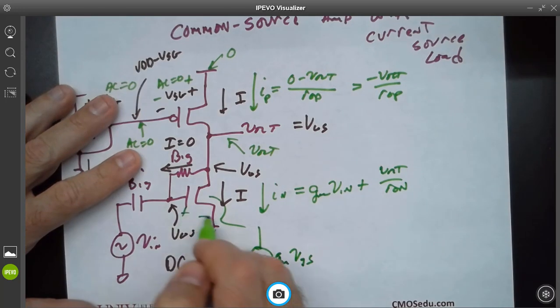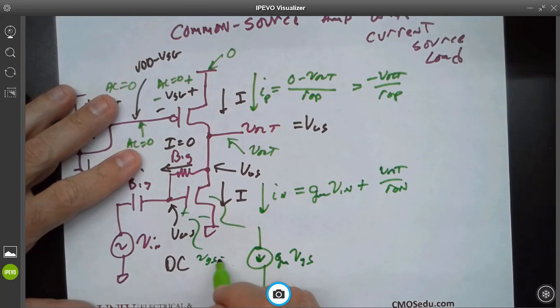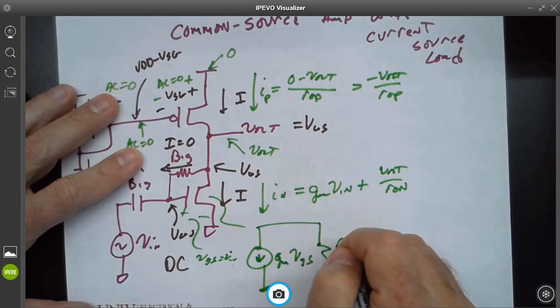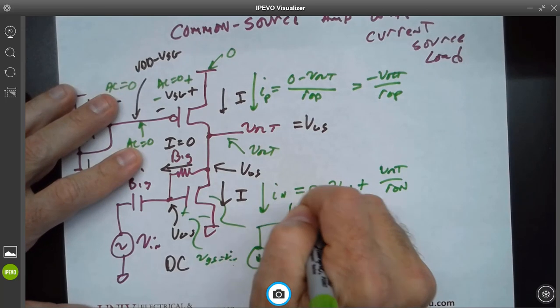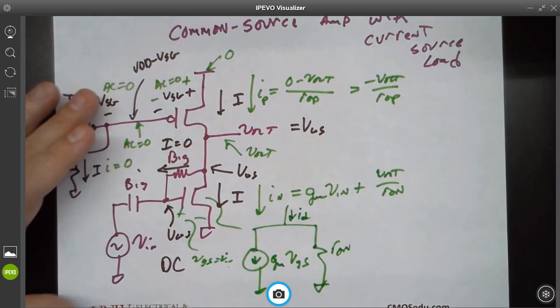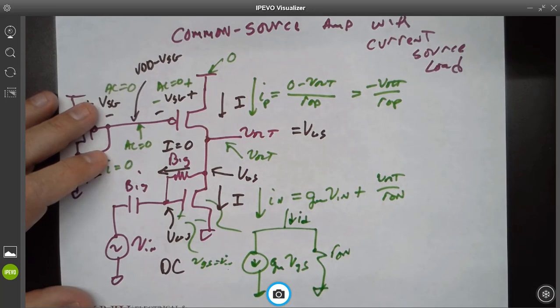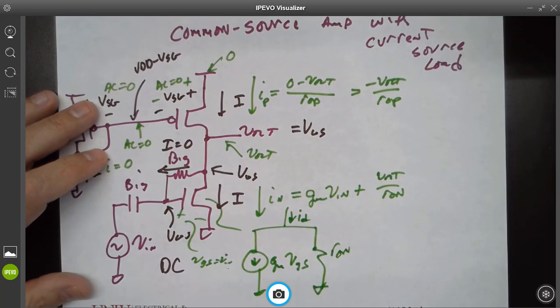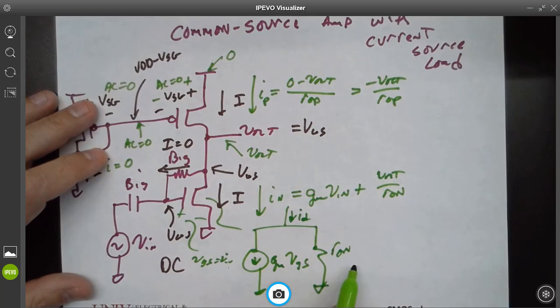And what's the VGS here equal to? And that's in parallel with Rout N, and that's the total ID that flows. Everybody follow that? Rout N is the output resistance of the NMOS.